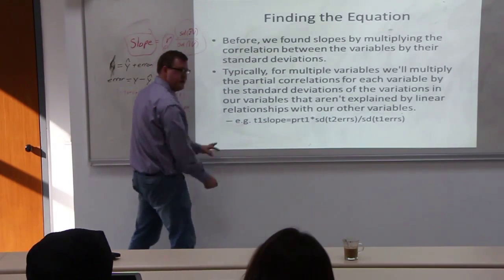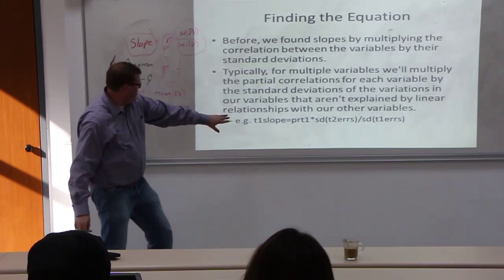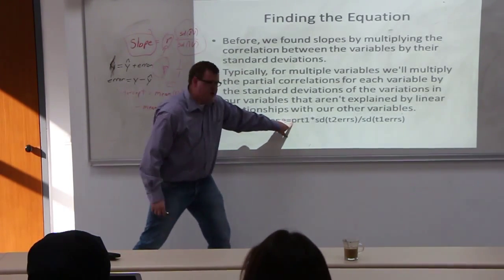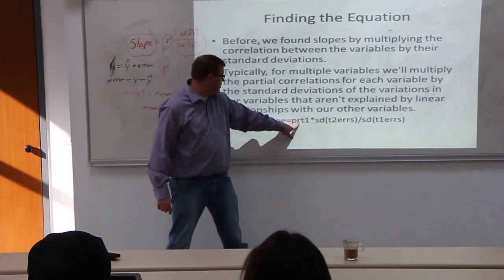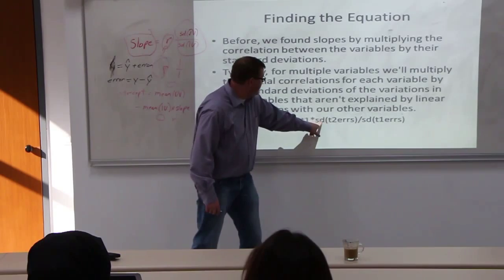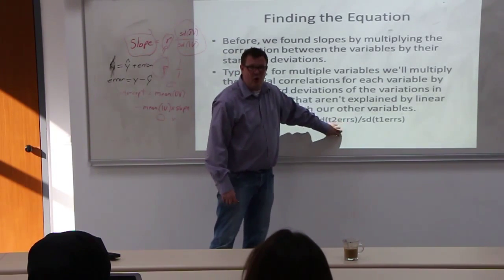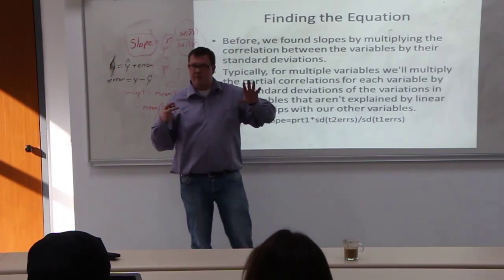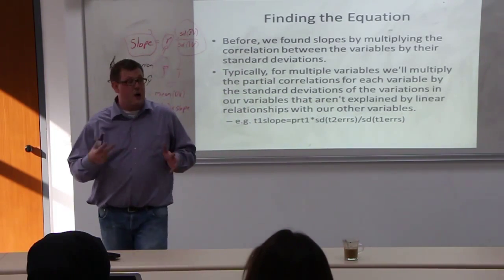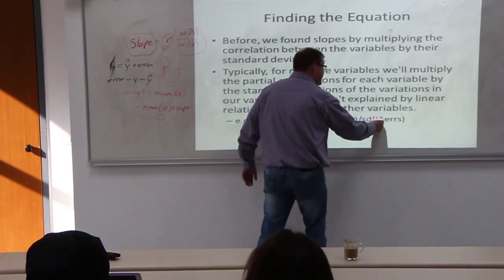So we'll have something like this. Our slope for T1, that would be b for T1, is equal to our partial correlation coefficient for T1 times the standard deviation of our T2 errors. This is what's left over from our predictions of test 2 by homework, divided by the standard deviation in our test 1 errors.